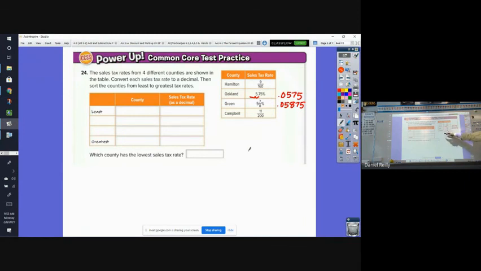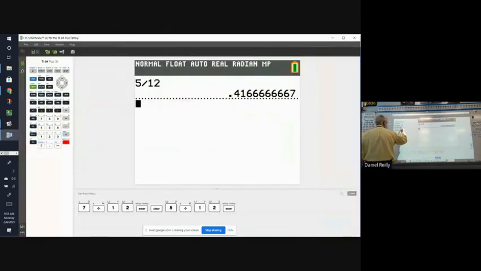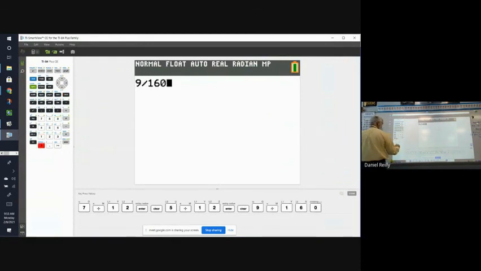Well, 11/100 would be 0.11. So 11/200 is half of that, 0.055. You can do that in your calculator. 9/160. No idea. Go to the calculator. 9 divided by 160 is 0.05625.